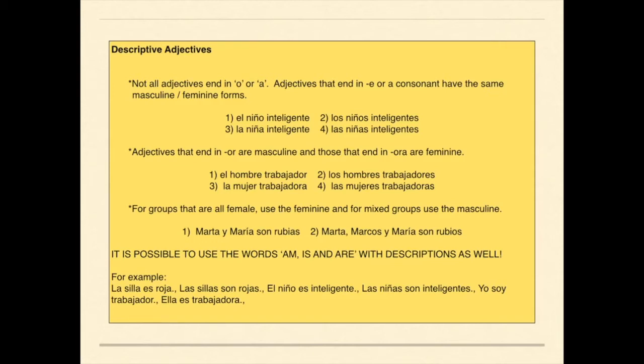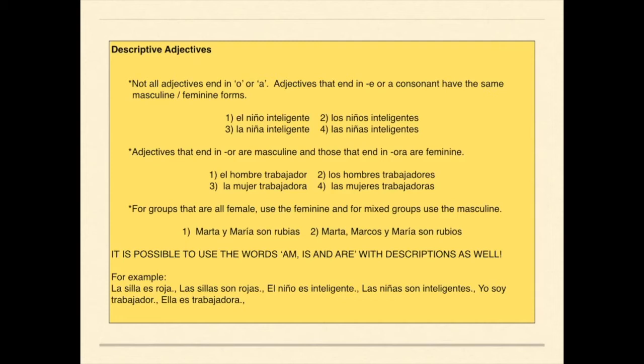Number 2, Marta, Marcos y María son rubios. So here we have a group with Marta and María, but also Marcos, who is a male. Because we have a mixed group with masculine and feminine, we're going to have the masculine form of the adjective rubio. So here we have rubios.